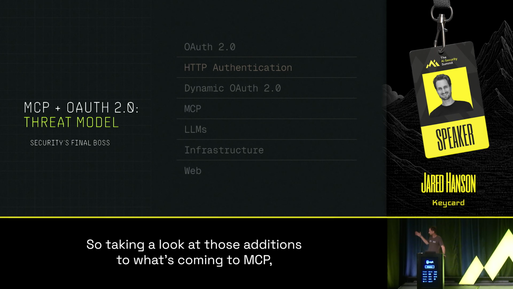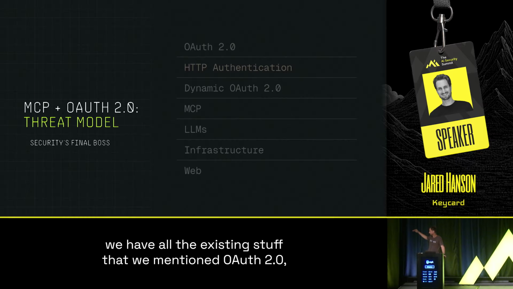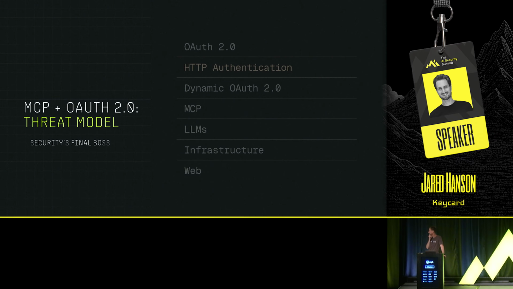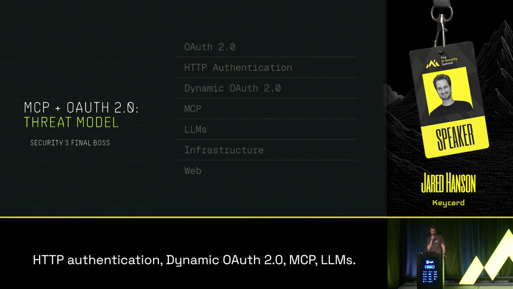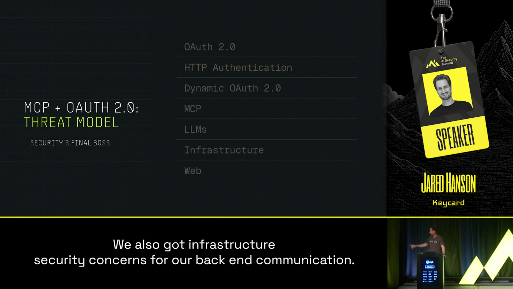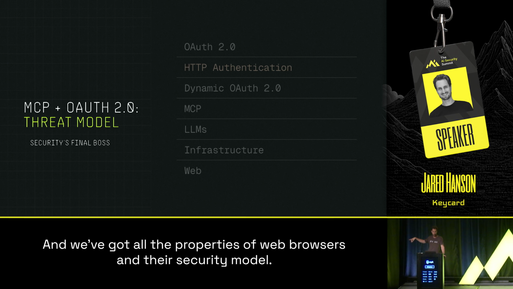So taking a look at those additions to what's coming to MCP, we have all the existing stuff that we mentioned: OAuth 2, HTTP authentication, dynamic OAuth 2, MCP LLMs. We have also got infrastructure security concerns for our backend communication, and we've got all the properties of web browsers and their security model.